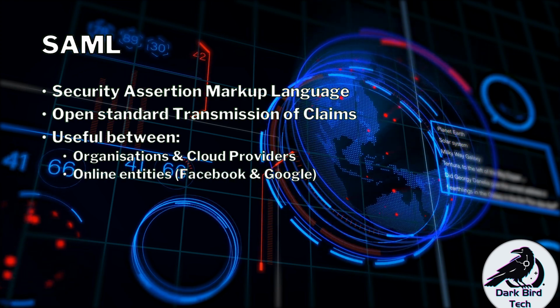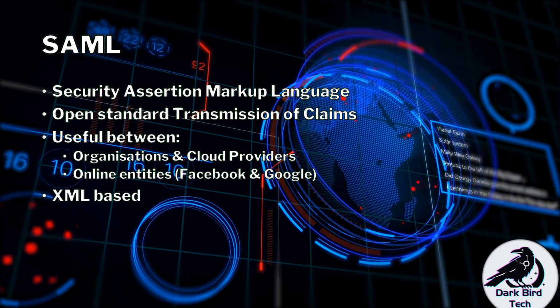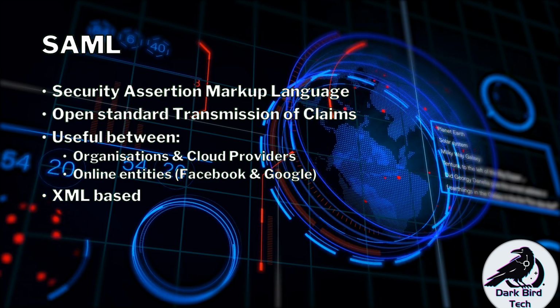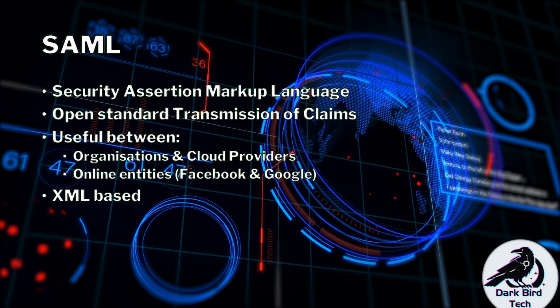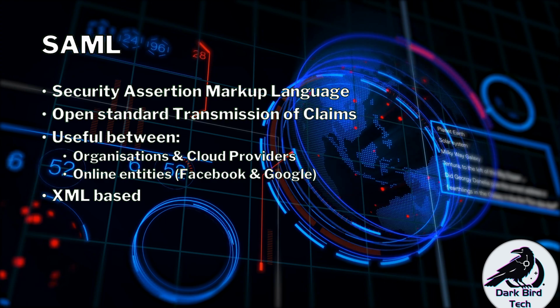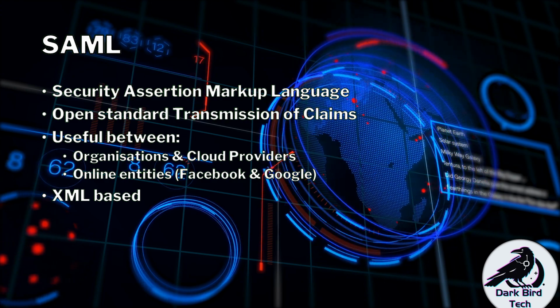Now, what makes SAML pretty interesting is it's XML based, which means once you get used to XML syntax, SAML is actually very easy to work with, especially in its raw form. Don't worry, even though it's XML, which you might think is a little bit risky, its transmission is handled securely. And besides that, it's also got some internal controls that make SAML relatively robust and stable.